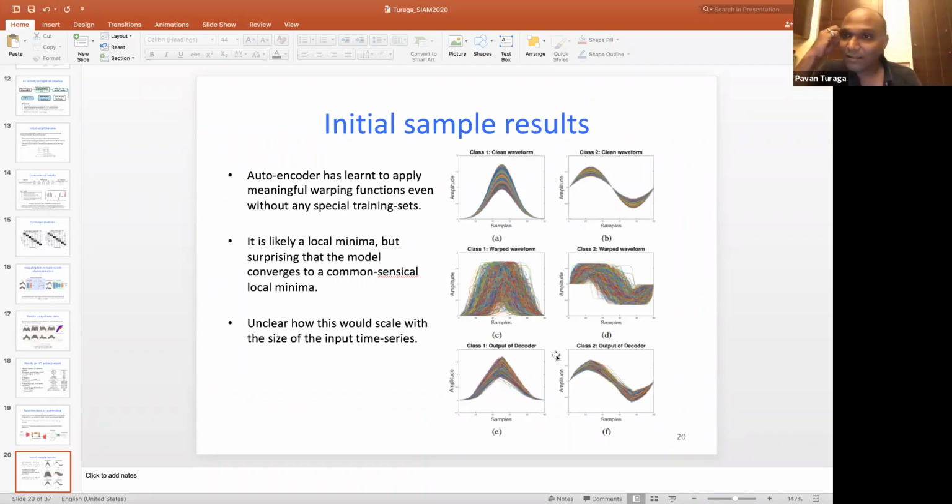We find that, so this is an optimization problem which has no reason to converge to meaningful warps. It could converge to any warp, right? You have this group action ambiguity. You can take the warp functions and warp them all again, and it would still be a valid set of warps.